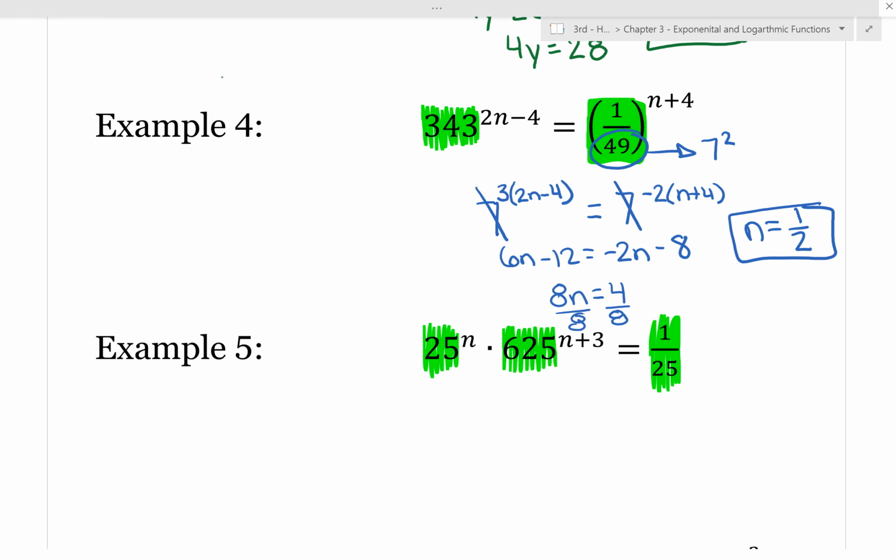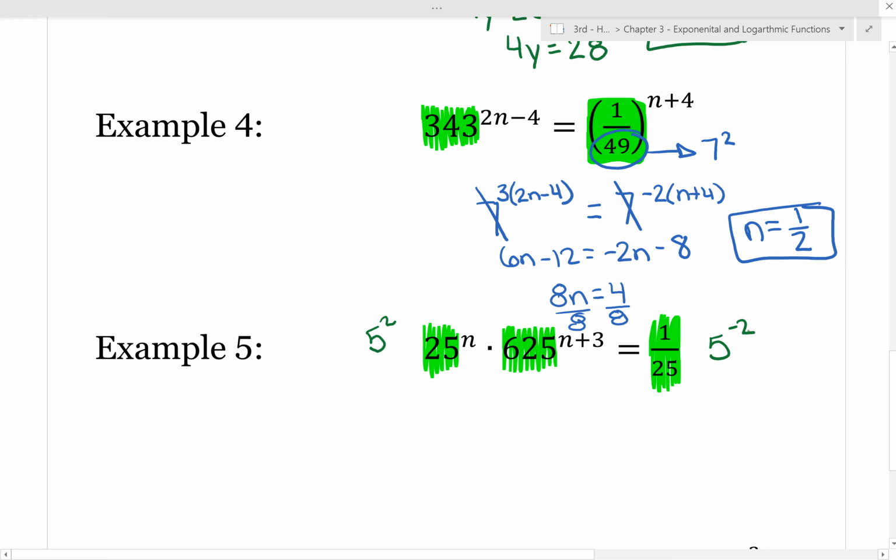Okay, so some of you guys might be thinking 5 squared gives you 25. That is correct. You could change this to 5 squared. You could change this to 5 to the negative 2. That's completely fine. And then you could sit there and figure out what number or 5 to what power would give you 625. You are more than welcome.